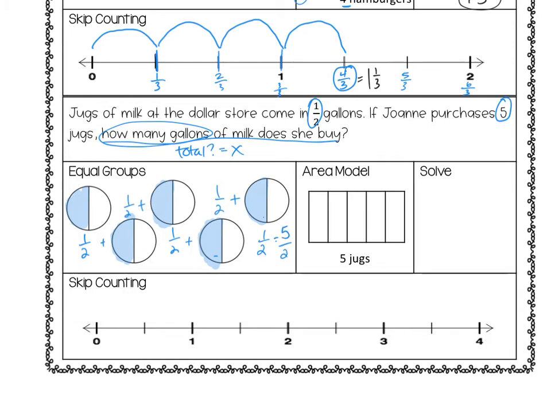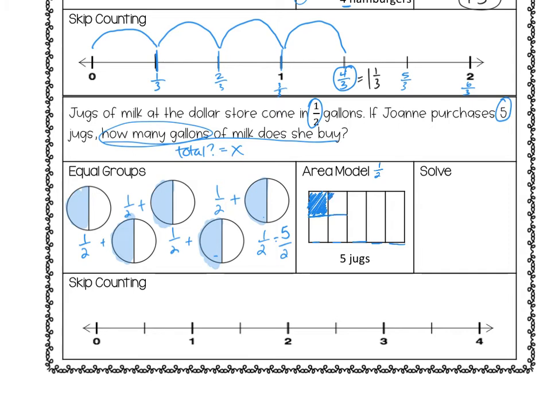And now we're going to use an area model to solve this problem. We know that we have 5 jugs. So we have 1, 2, 3, 4, and 5. And each jug is 1/2 gallon. So this jug here has 2 parts, and we only need 1 of them. That gives us 1/2 of a gallon.